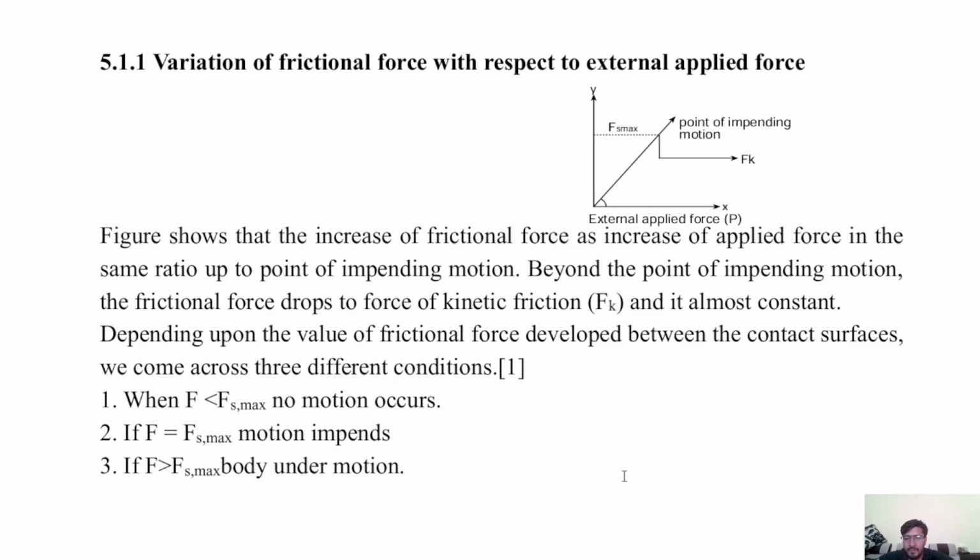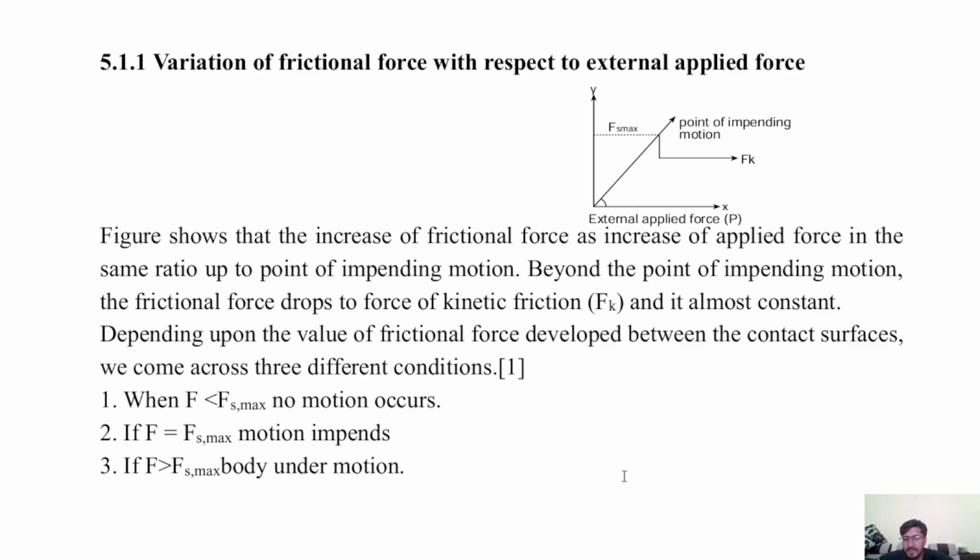Depending upon the value of frictional force developed between the contact surfaces, we come across three different conditions. One is when the applied force F is less than the maximum static frictional force, there is no motion. No motion occurs.